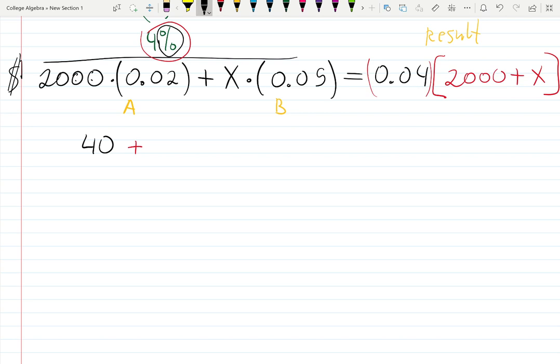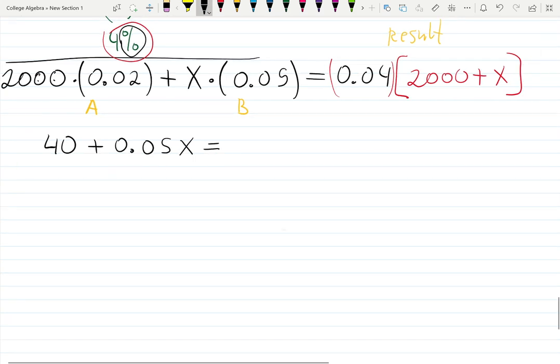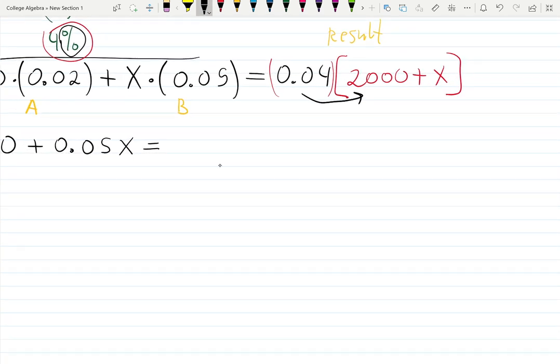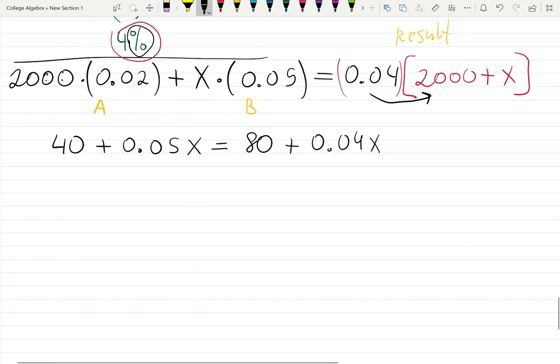Plus, we don't know what is happening with x, so we're gonna keep it as it is. 0.05x equals distribute 0.04 times 2,000. That is going to be 80 plus 0.04x. And we saw these linear equations before.